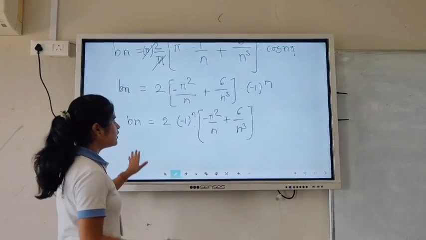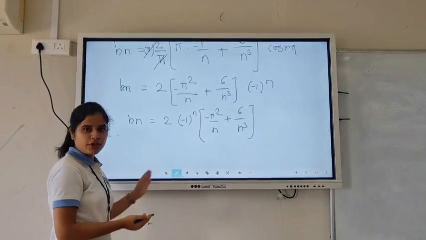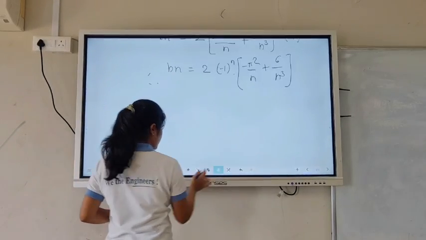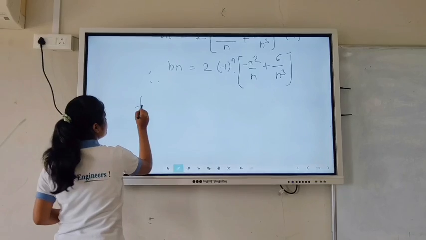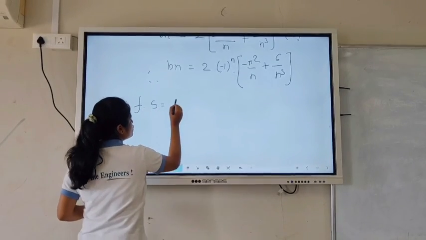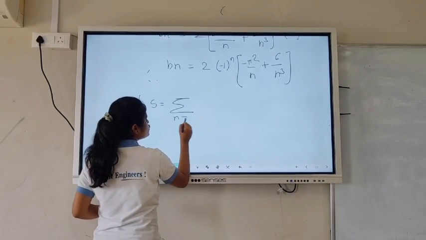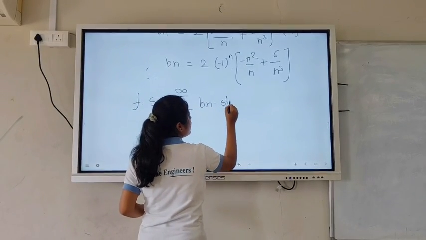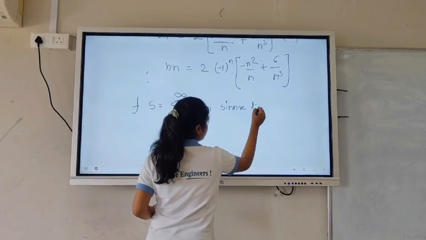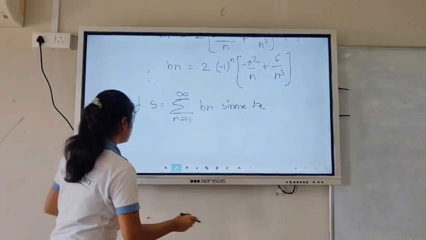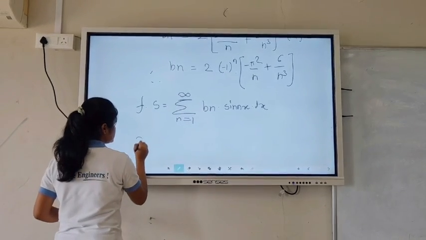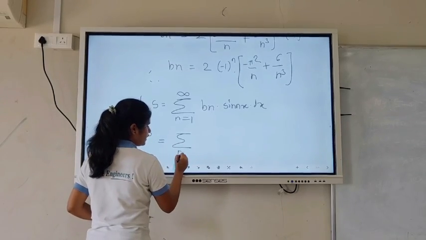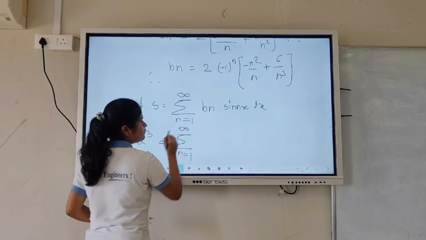So now we put this value in our Fourier series. So for Bn, the Fourier series is equal to summation of n equals 1 to infinity Bn into sine of nx. So what is our function? First of all, our function is x cube. So therefore x cube is equal to summation of n equals 1 to infinity.